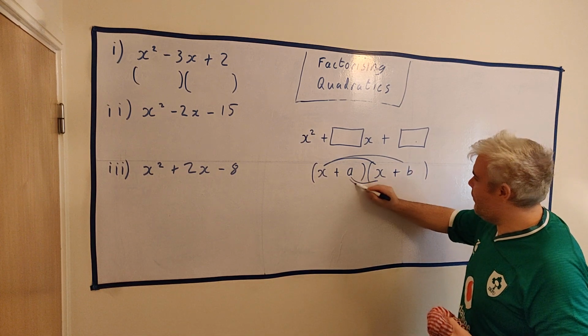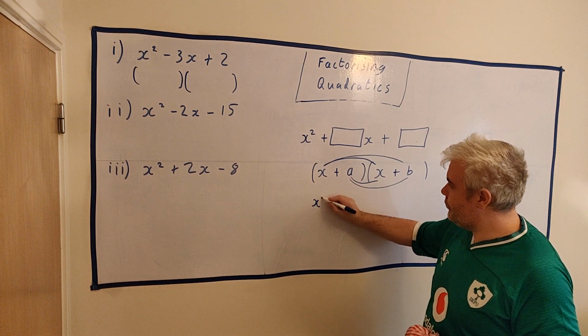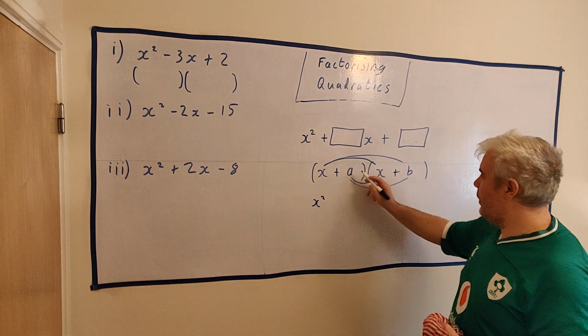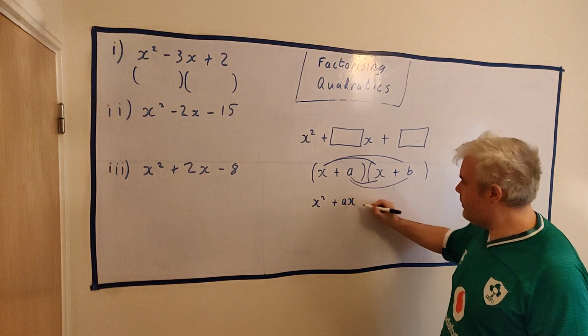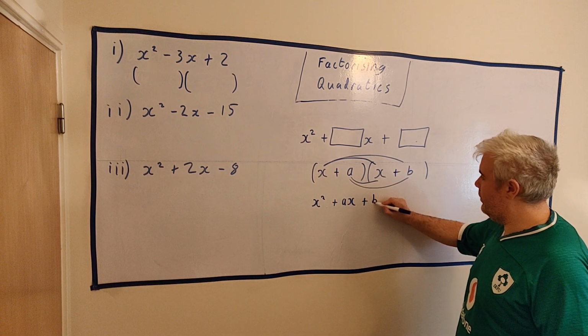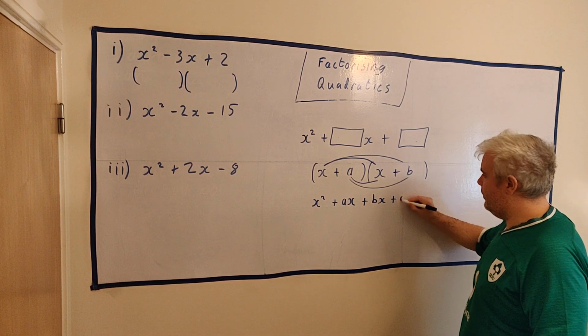We'll see it's true by doing this. Multiply two brackets. We've already done this. We get x squared. Then I'll do this one, ax, plus this one, bx. Then I'll do this one, ab.